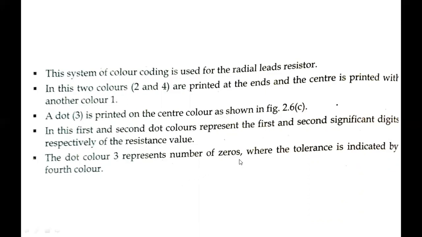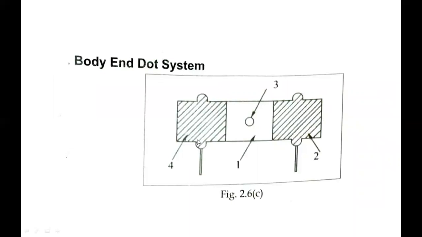Dot color 3 represents the number of zeros, where the tolerance is indicated by the fourth one. Tolerance, this is the number of zeros, and first and second colors are significant digits.